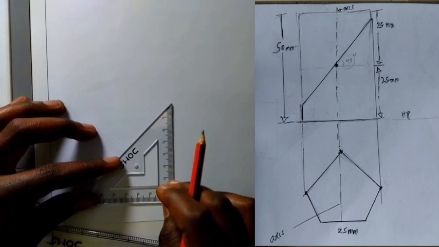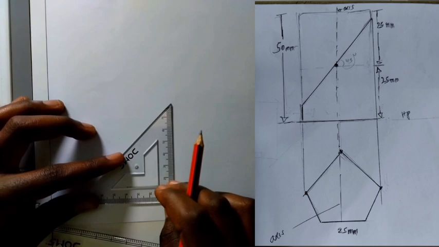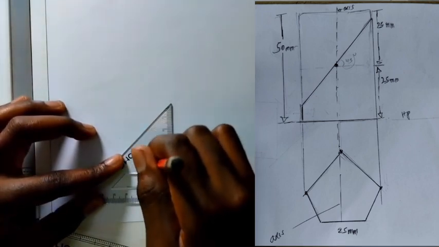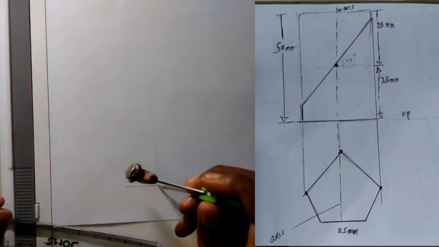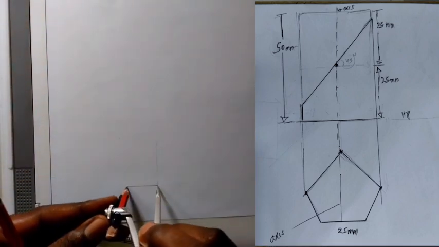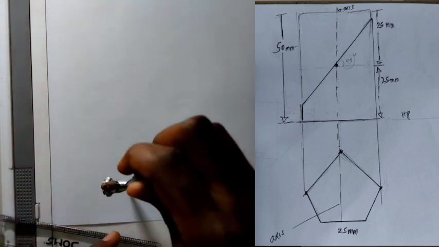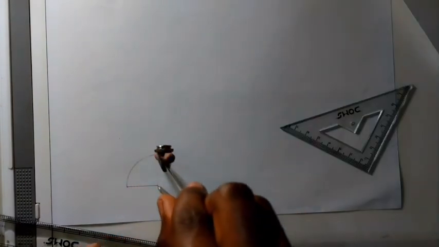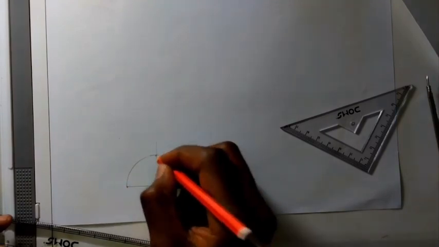Draw perpendicular lines so as we can obtain the pentagon. Join these 2 points here.